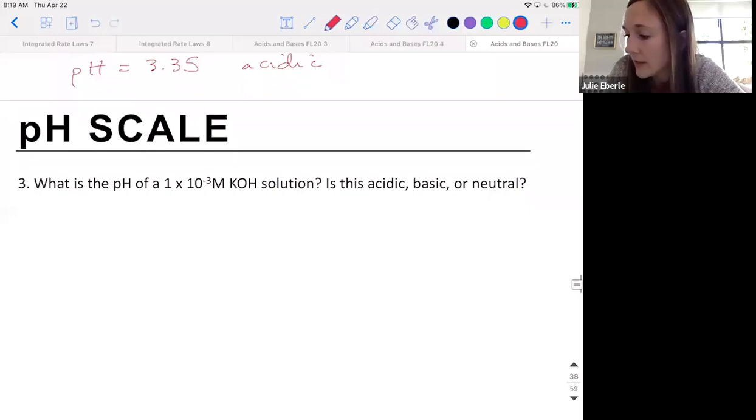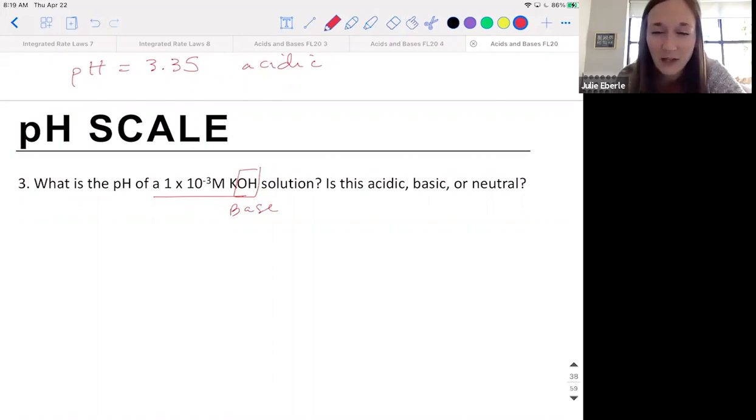Okay, what is the pH if we have 1 times 10 to the minus 3 molar KOH? So this is not an acid, this is a what? KOH. You should immediately recognize this as a base. So it's a solution with a base, and we're asking what's the pH? How do we determine that? What can we do? Anybody remember the equation I wrote earlier?